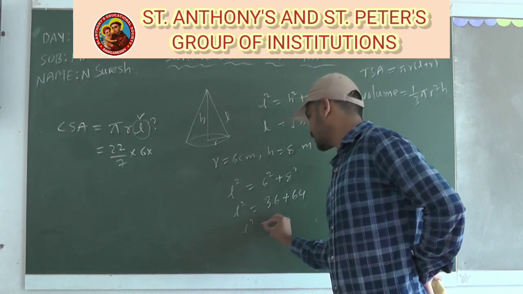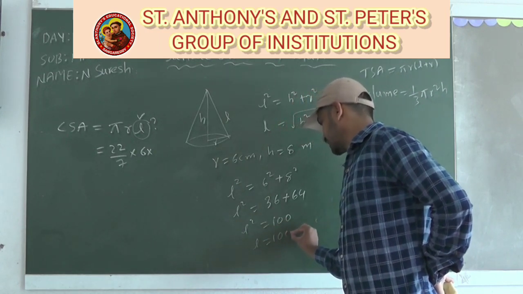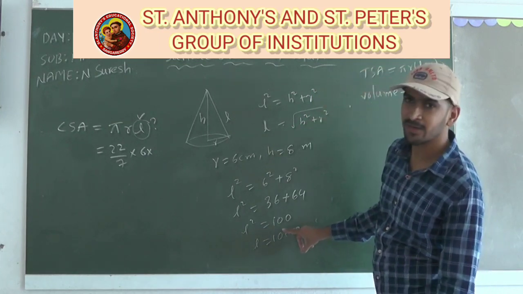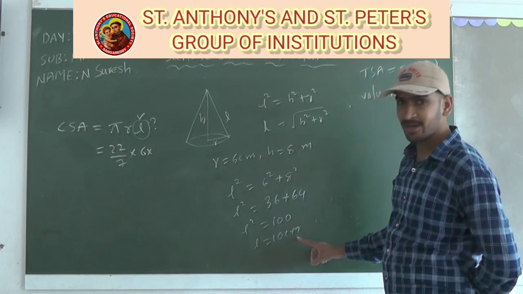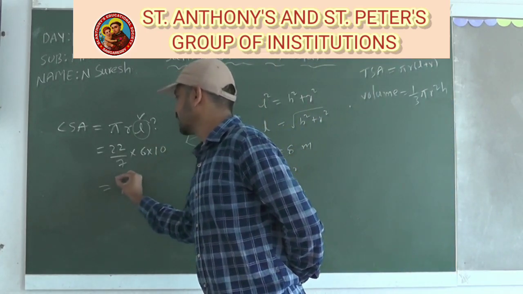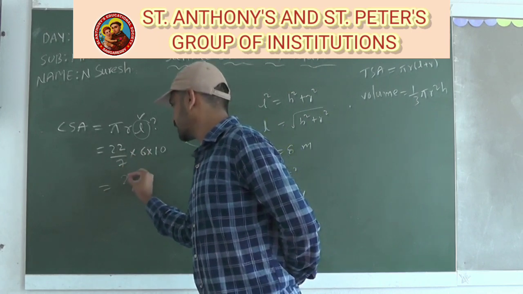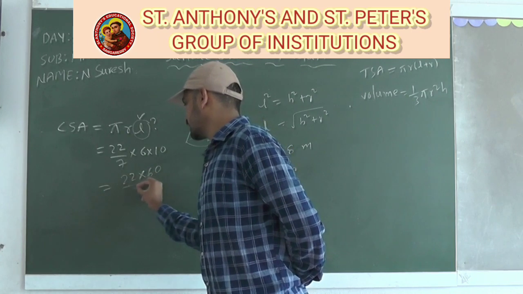That is L square equals 100. So L becomes 10 centimeters. Now we can use the L value in our CSA formula, pi r L. Now what is the L value? 10. So now simplify: 22 into 6 into 10, that is 60 by 7.